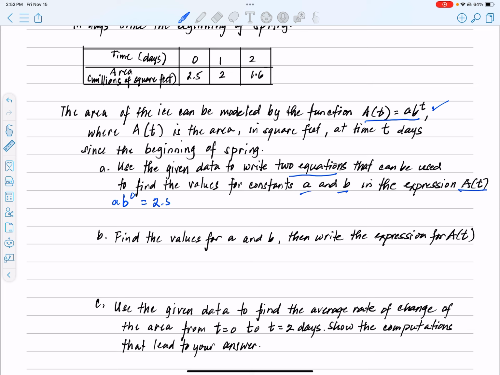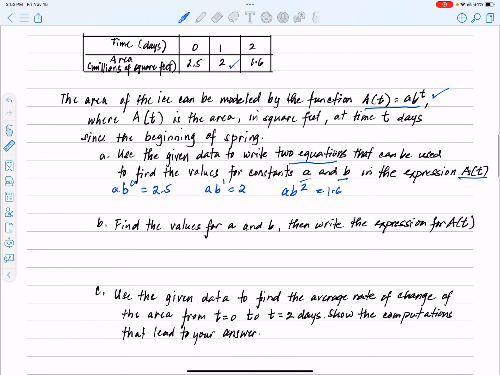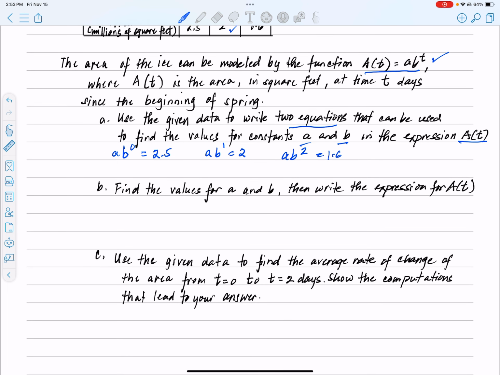Or we could use a·b^1, which is equal to 2. Or we could use a·b^2, which is equal to 1.6. We can use any of these three to find the values for a and b, then write the expression for A(t).